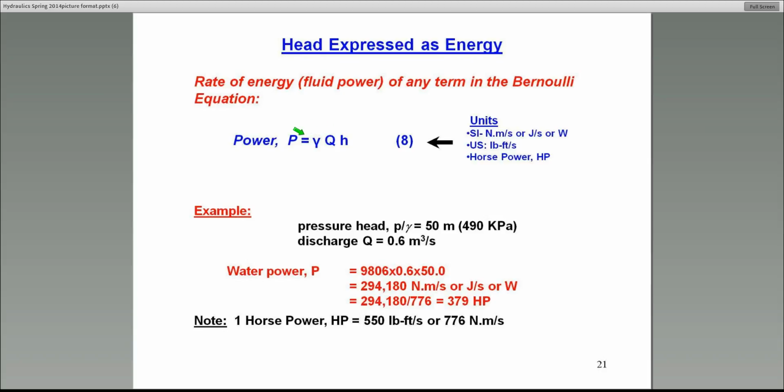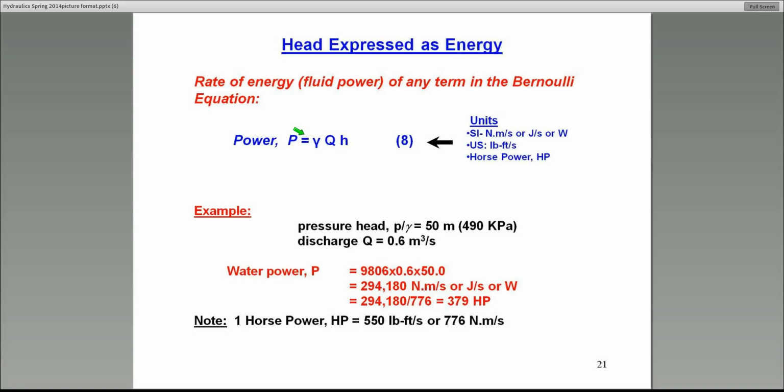Now, for those who are not familiar or have forgotten specific weight, gamma is basically the density of a fluid times g, rho times g. So in US units, gamma of water is 62.4 pounds per feet cubed. In SI units, gamma is 9806 newtons per meter cubed.